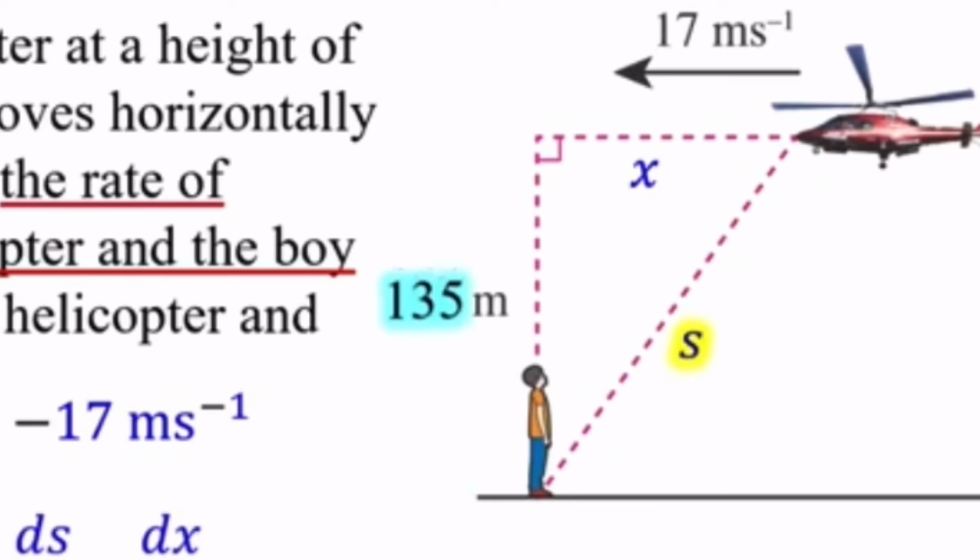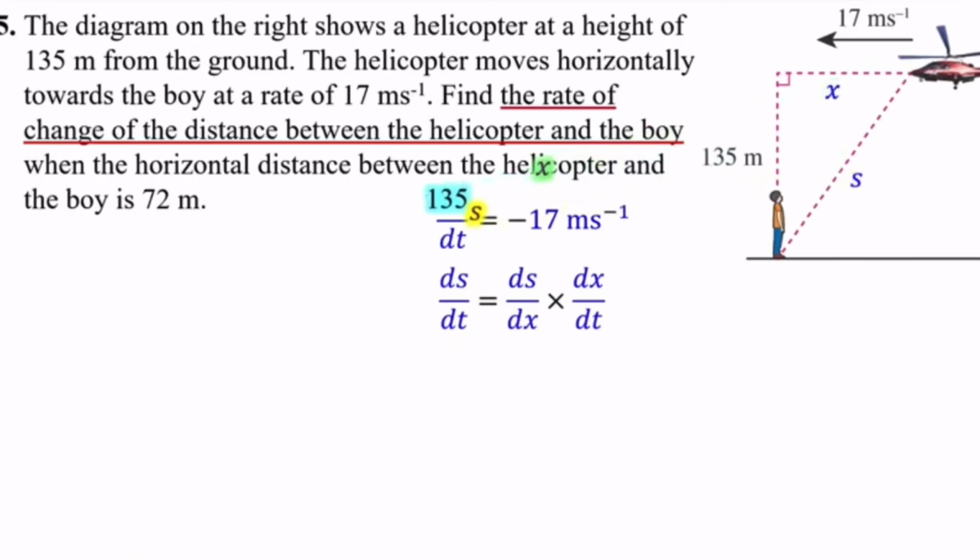Let's write down the relationship by using Pythagoras theorem. Whenever you see a right angle triangle, always use Pythagoras theorem. So s squared equals 135 squared plus x squared. Then s is the square root of 135 squared plus x squared.